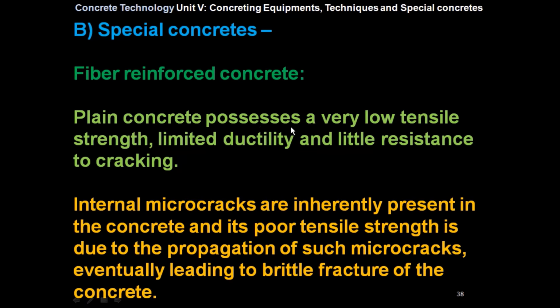Plain concrete possesses a very low tensile strength, limited ductility and little resistance to cracking. Internal micro cracks are inherently present in the concrete and its poor tensile strength is due to the propagation of such micro cracks, eventually leading to brittle fracture of the concrete.